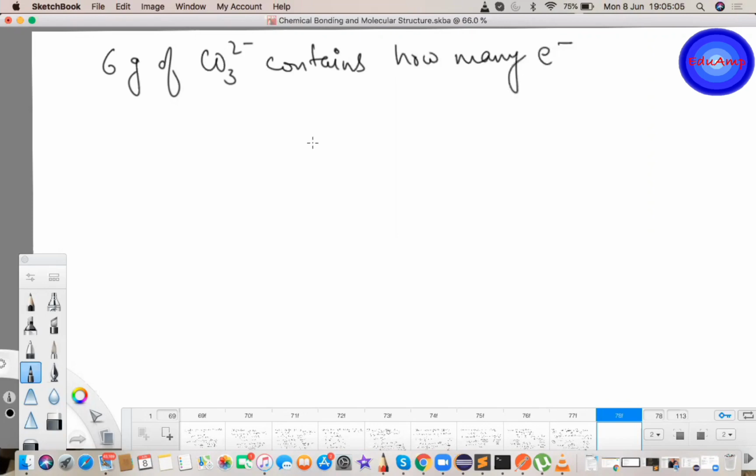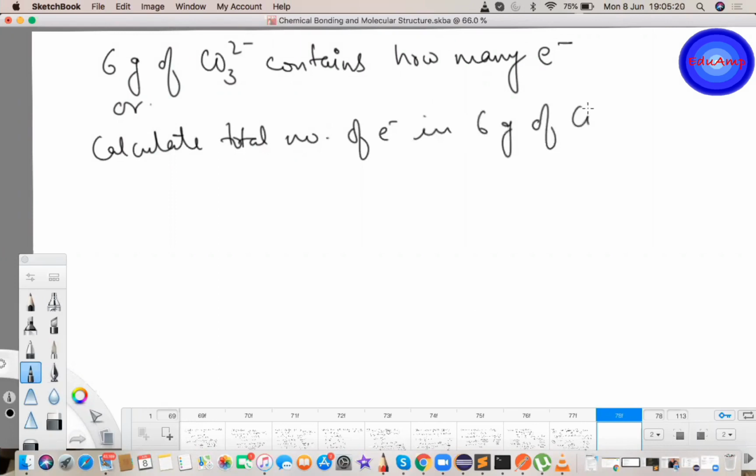Or calculate the total number of electrons in 6 gram of carbonate ion. You can start to solve this question. Atomic mass: carbon 12, oxygen 16.